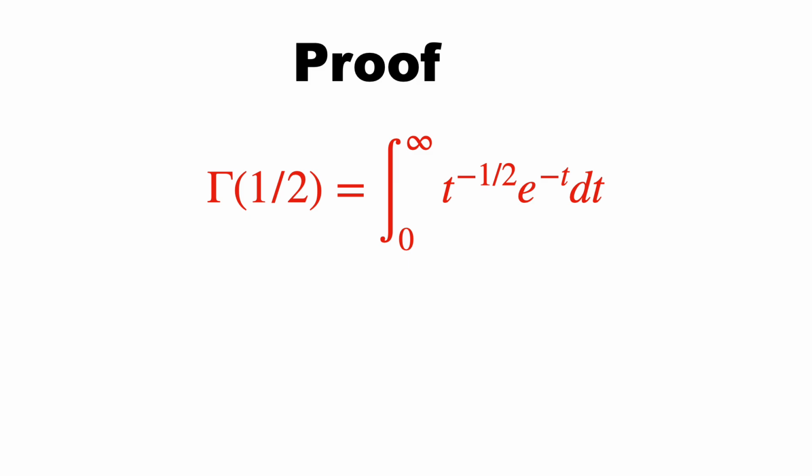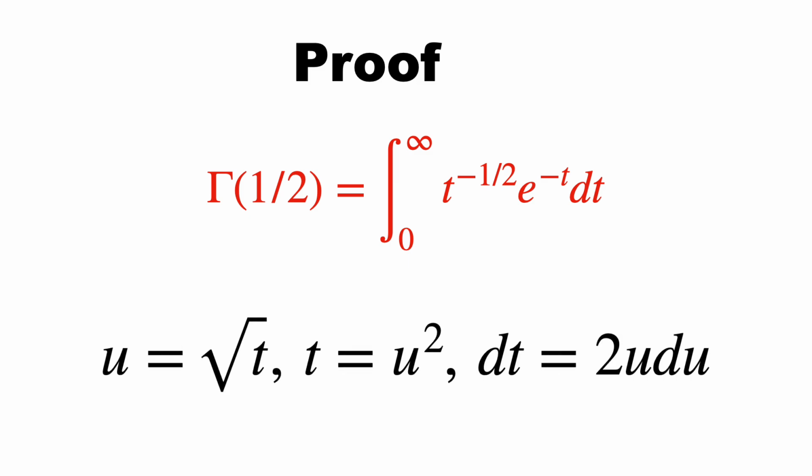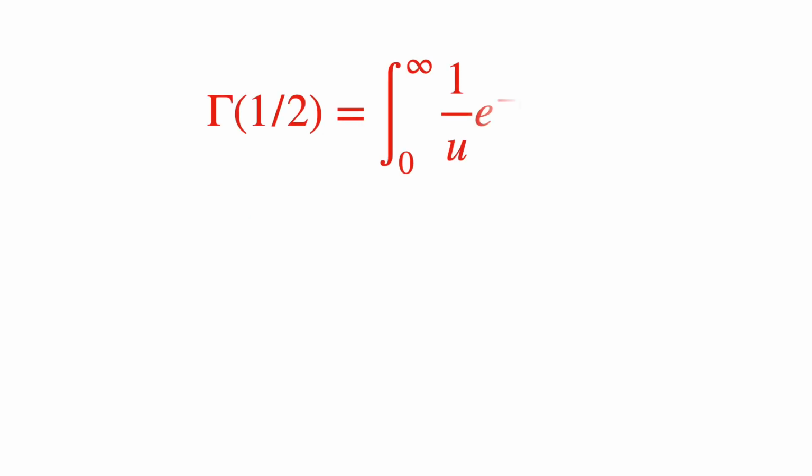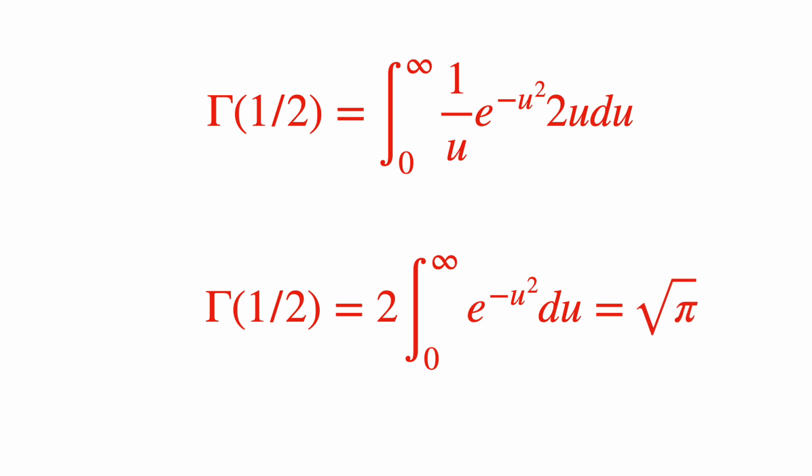Making the substitution u equals the square root of t, we get t equals u squared, dt equals 2u du. This transforms our integral to Gamma of 1/2 equals the integral from 0 to infinity of 1 over u times e to the power of negative u squared times 2u du, which equals 2 times the integral from 0 to infinity of e to the power of negative u squared du.